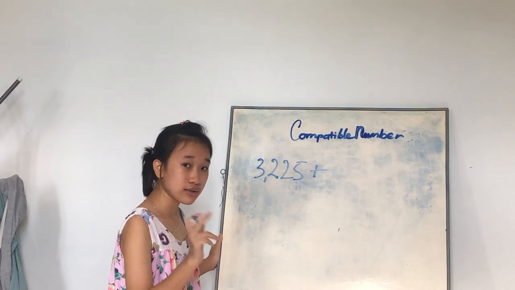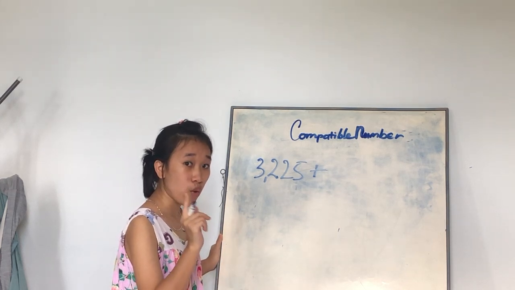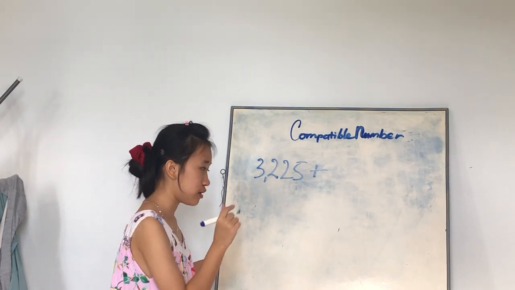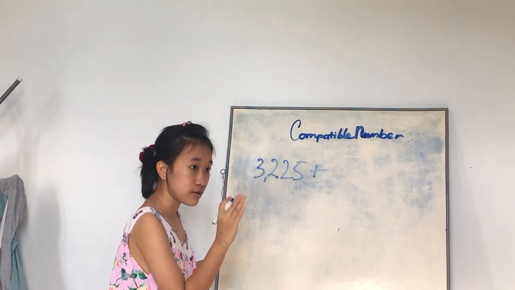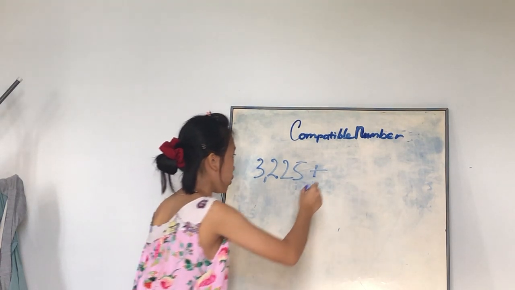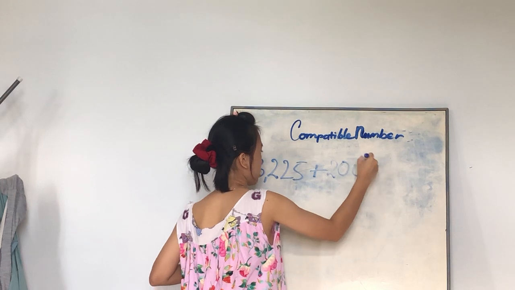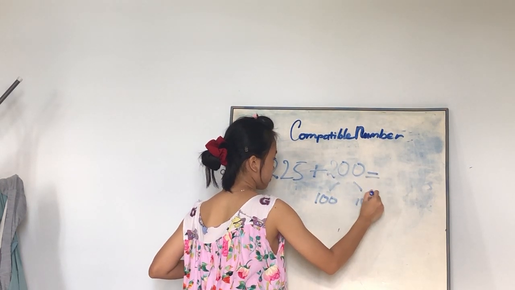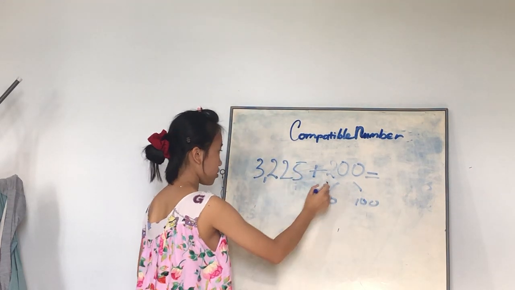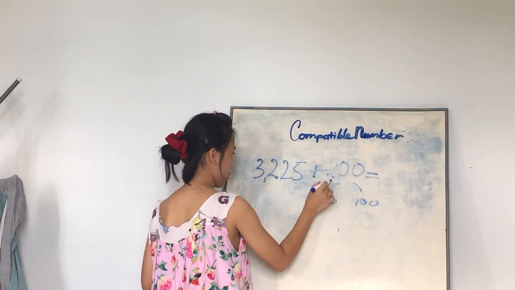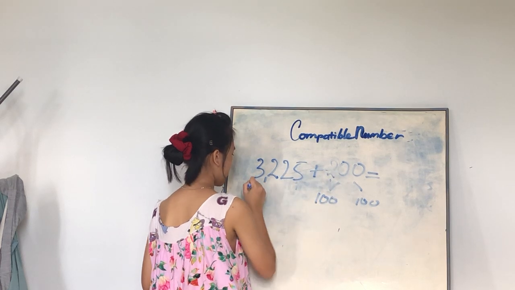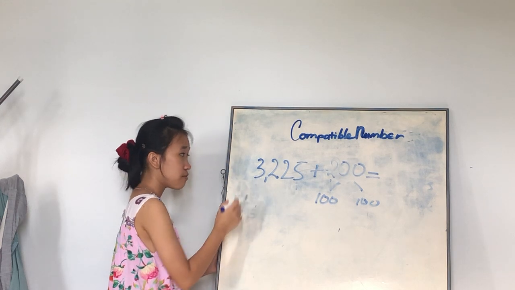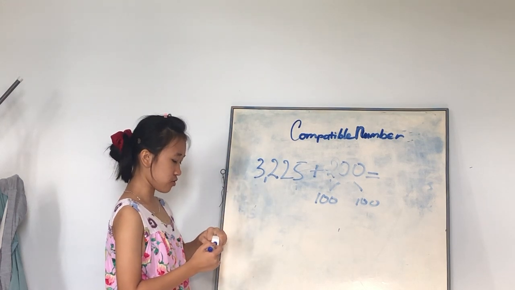We add to the hundreds, so we work with 200 just like working with 100. Are we adding 1 to the 3,000? No, that's not correct, because we just have 200.